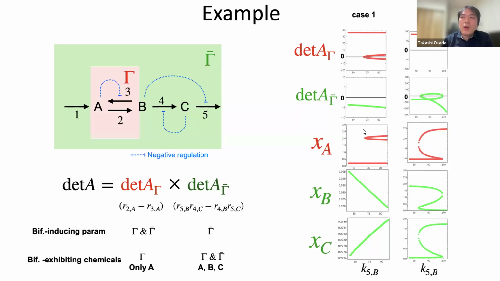And at this point, only A exhibits bifurcation, and B and C do not. And in the second case, when I change the parameter value, the determinant of gamma bar becomes 0 at 2 points. And at each point, all chemical species exhibit bifurcating behavior. Okay. So these results are consistent with the prediction from the structural argument.